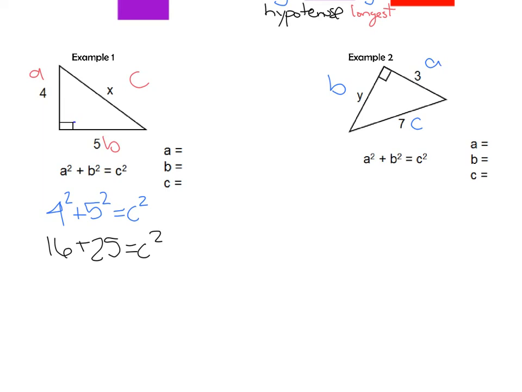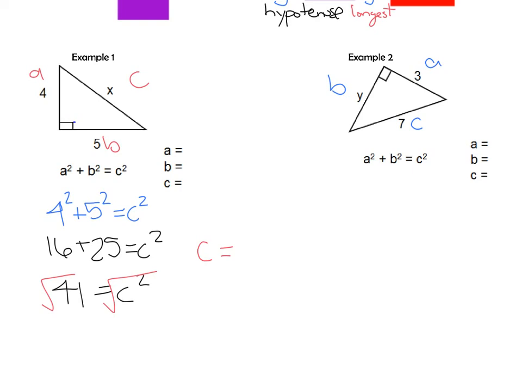When we add 16 plus 25, we get 41 equals c squared. Now please don't panic. That is not the final answer. You have one last step, and a lot of people forget this, but you have to take the square root. Okay? So now we end up with our c being the square root of 41.